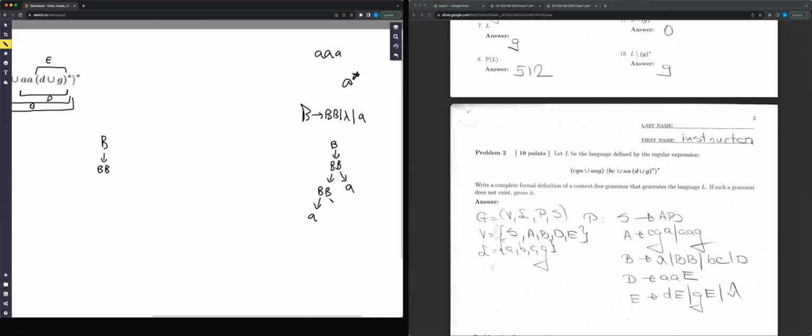Let's say this picks an A, and this picks an A. So now after I've broken it all the way down to letters, it's AAA. I've turned it from variables into letters.